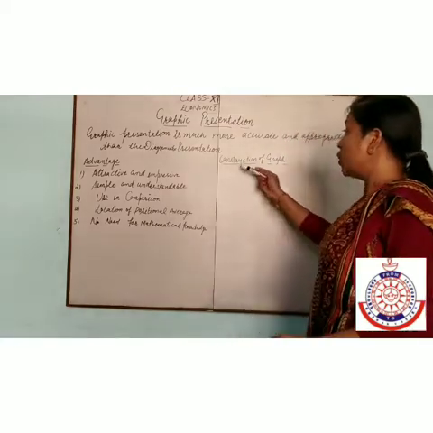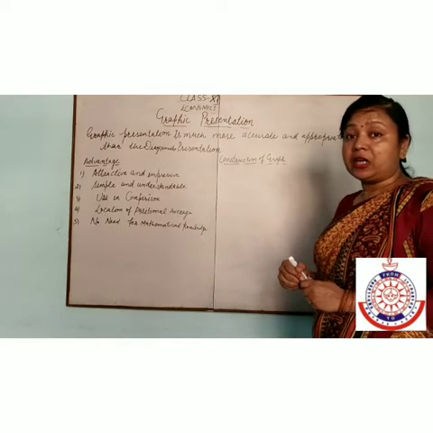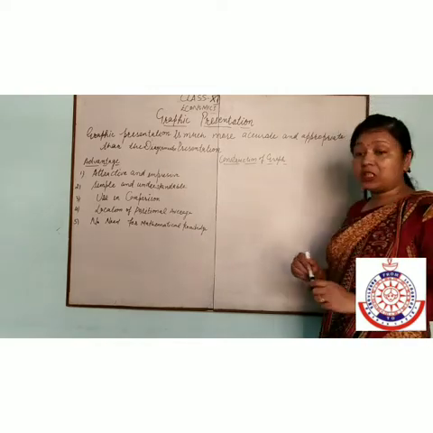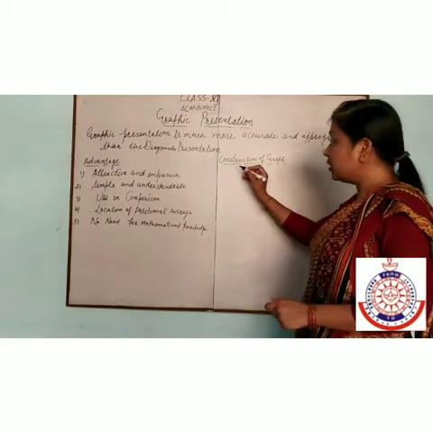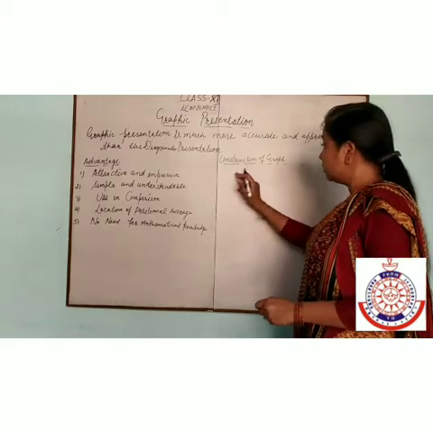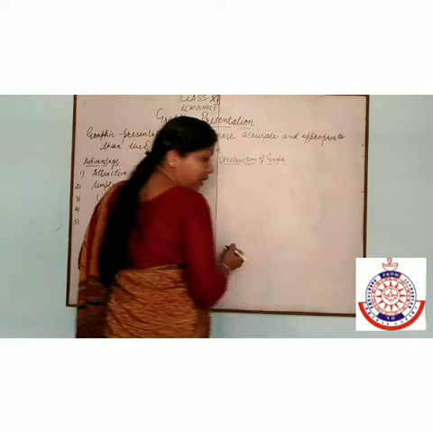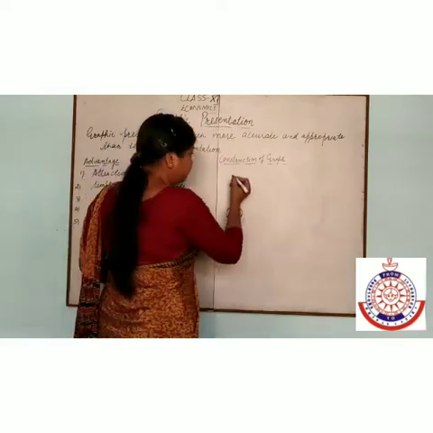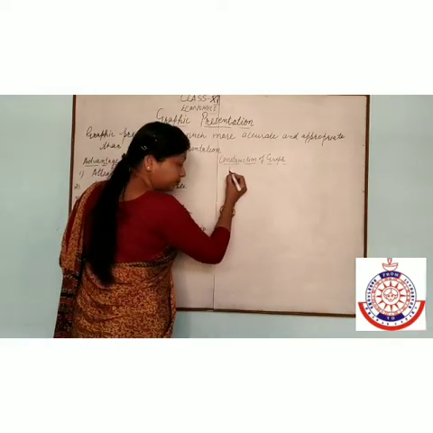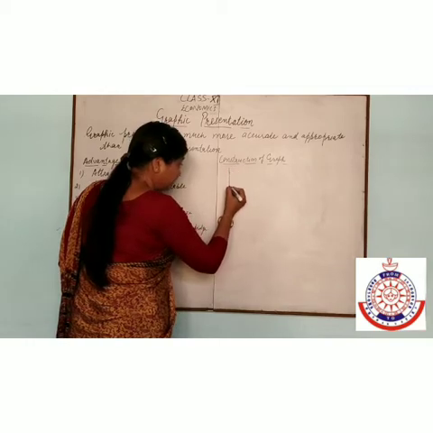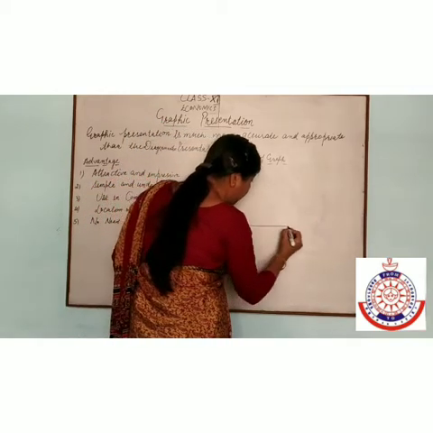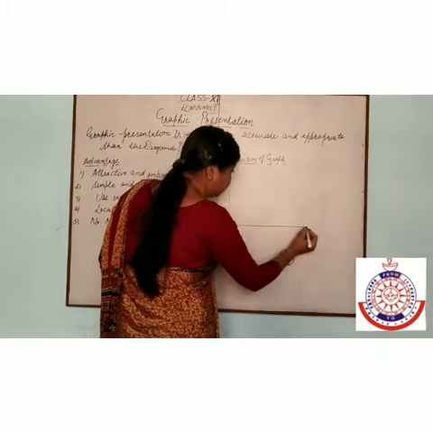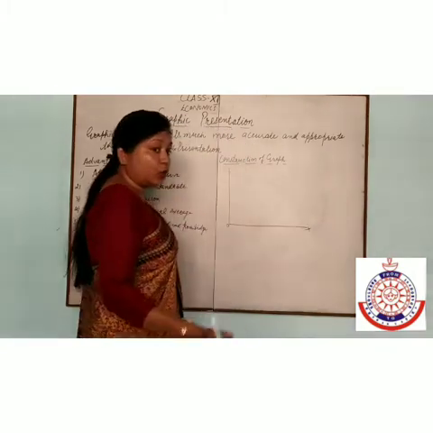Now, how we construct the graph. Step by step, we will see how we can draw the graph. First of all, in the first step, we will take OX and OY.